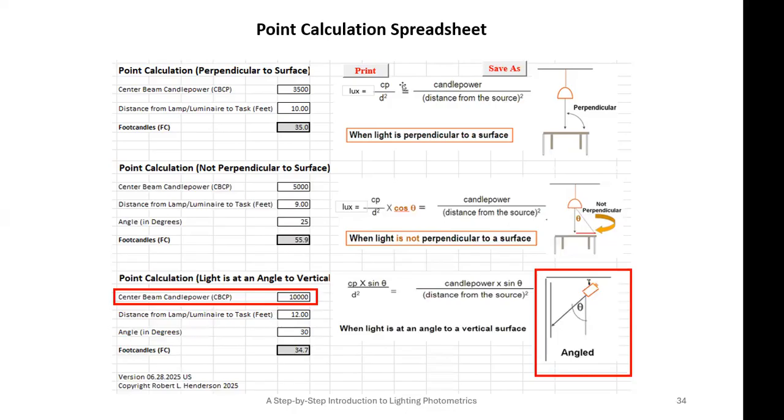So you've got a value from your particular lamp or fixture that you're using, and let's say the center beam candle power, right in the center of that particular floodlight or spotlight, you have a rating in the catalog or on the cut sheet. It says 10,000. Okay, so 10,000 is the candle power at the center beam.